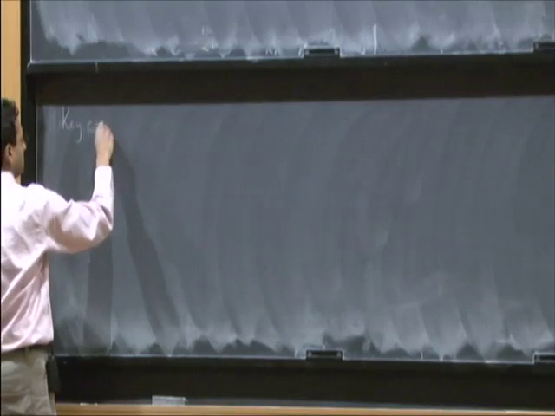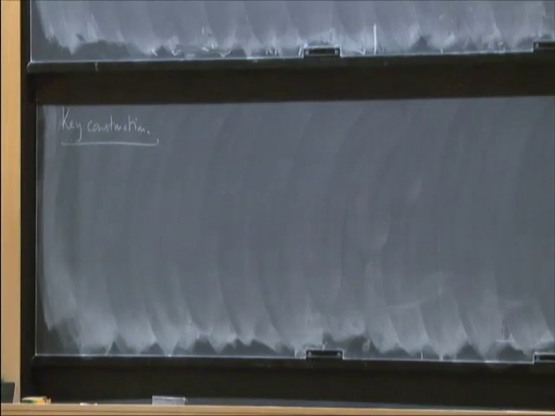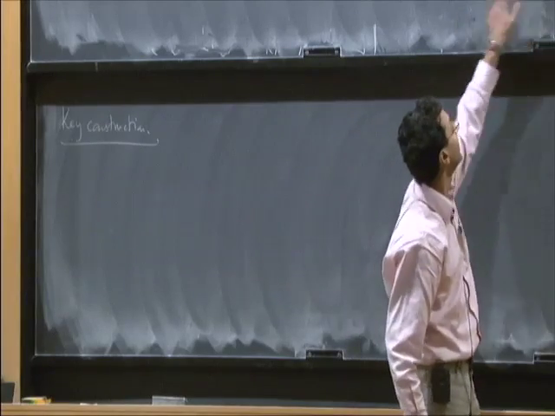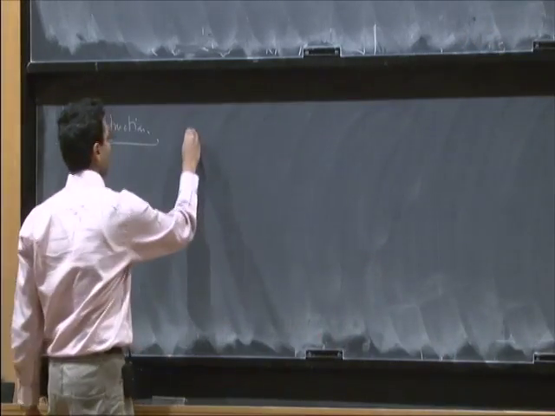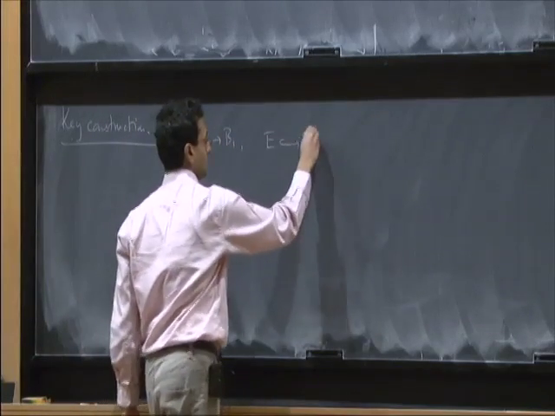Okay. So here is the key construction. Recall that here what we know is that this is a period over E. So we know E embeds in both B1 and B2. So let's fix these embeddings. Okay.